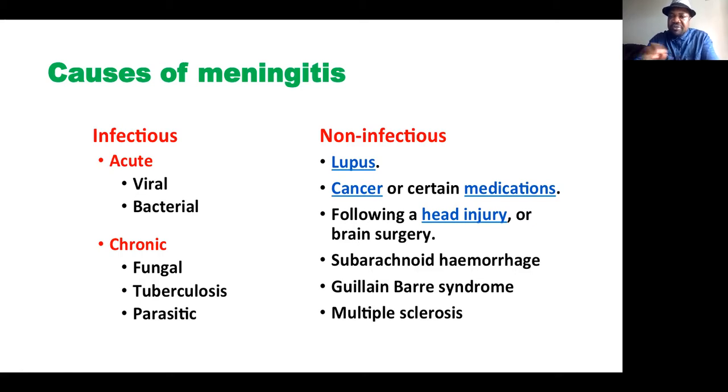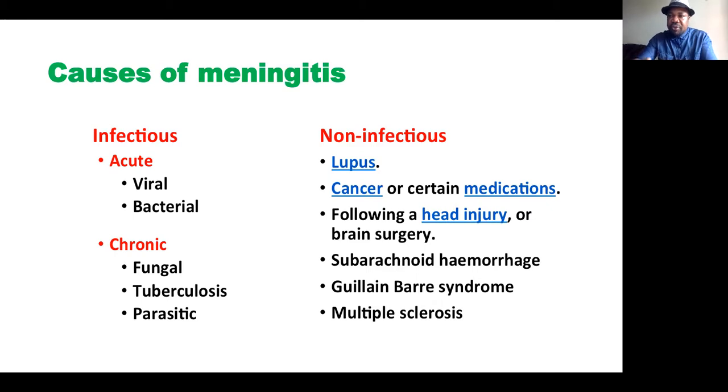Okay, so the difference between acute and chronic is not mainly in the clinical presentation, but in the time that it takes for the disease to present. During an acute presentation, the disease starts within a few hours to a few days. Maybe it has been 1 or 2 days since the symptoms occurred.